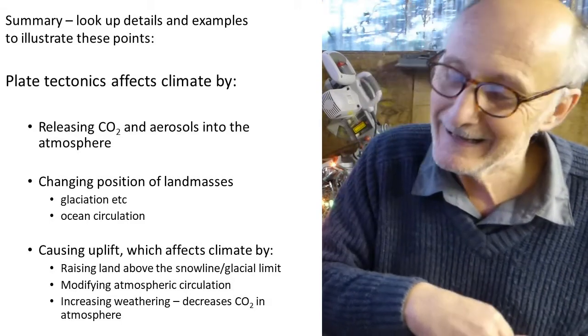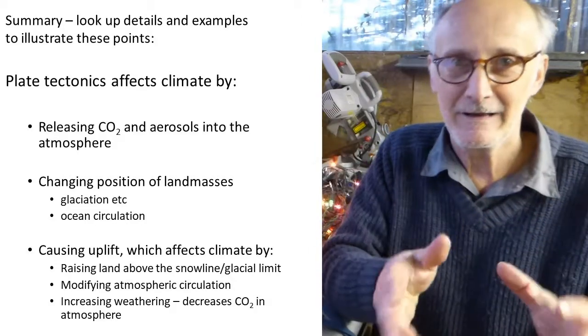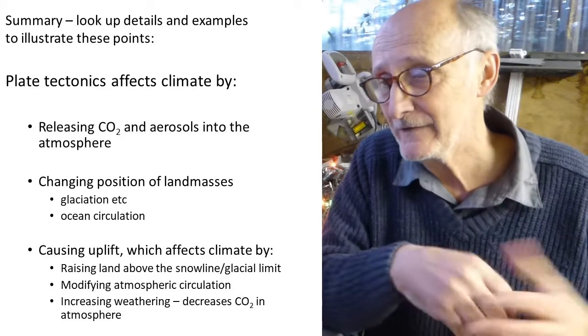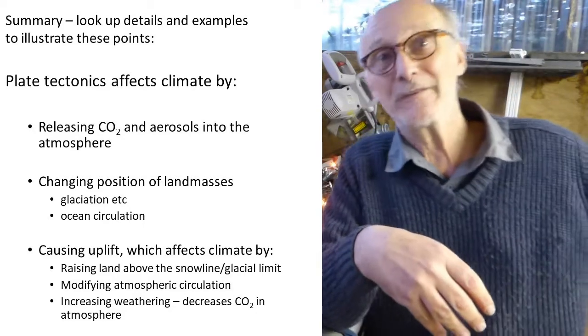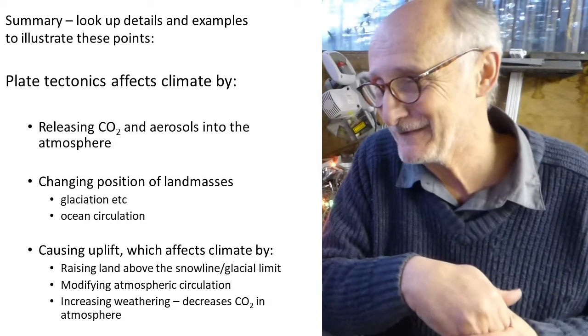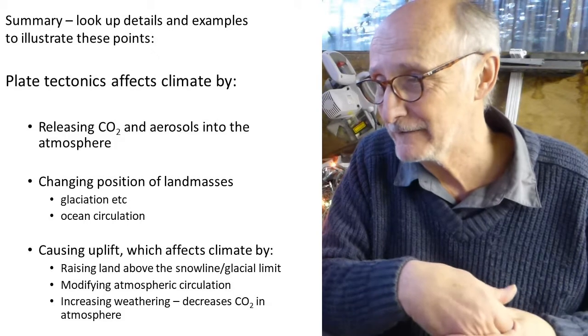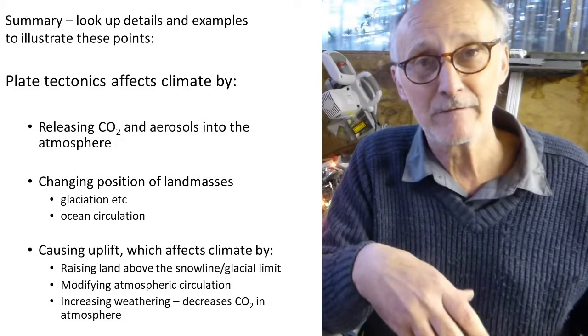And the one which I guess is interesting as a case study to combine plate tectonics, climate and landscape, the geomorphology that we were talking about previously, is this idea that plate tectonics causes uplift, step one of Davis's cycle if nothing else. Plate tectonics causes uplift, which then affects climate in a variety of ways by raising land above the snow line.